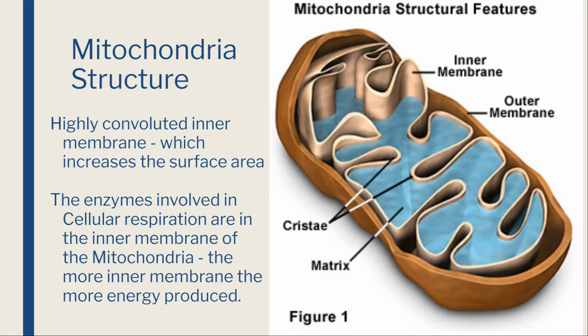The reason why it's wrinkled on the inside is because the enzymes that are involved in cellular respiration, or at least the last stage of cellular respiration, are embedded in this membrane. And so having that greater surface area to volume ratio, increasing that surface area, allows for more enzymes to be embedded in that membrane. The more enzymes you have, the more energy you can produce in your cells.